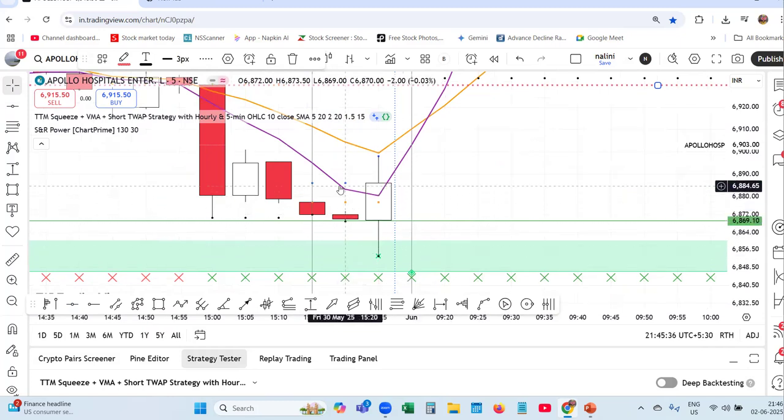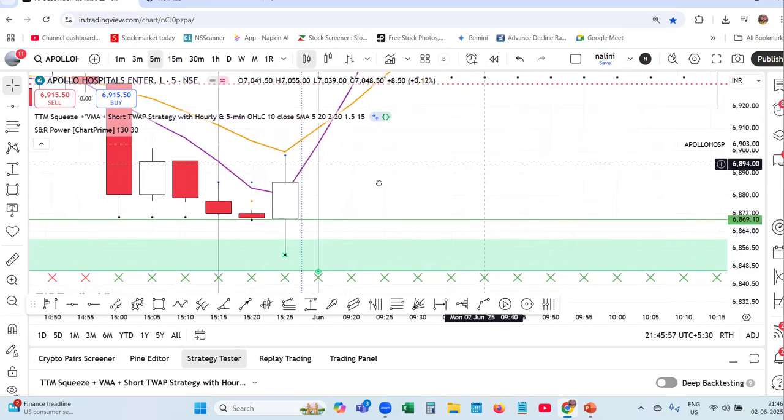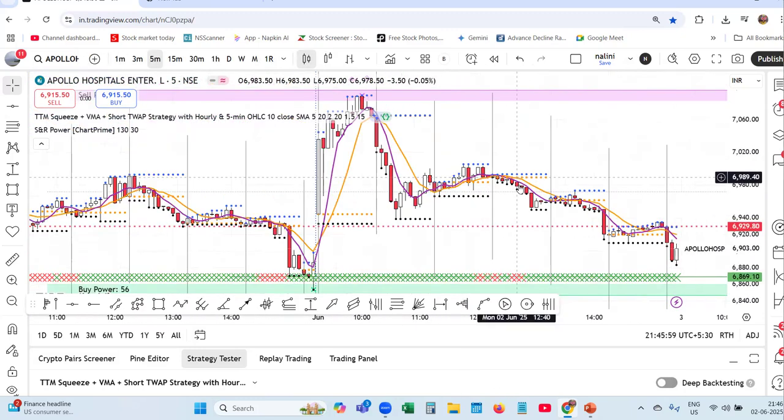And this is the previous day's last hour high, 6885, last hour open 6876, and last hour low 6868.